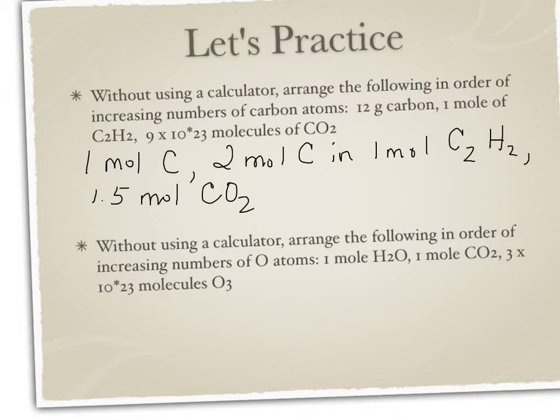So what then is the order from least to most? Well, we would have the carbon, and then the carbon dioxide, and then the C2H2, which is acetylene, which is the fuel that is found in blowtorches.